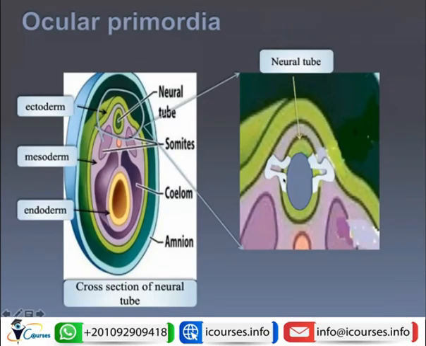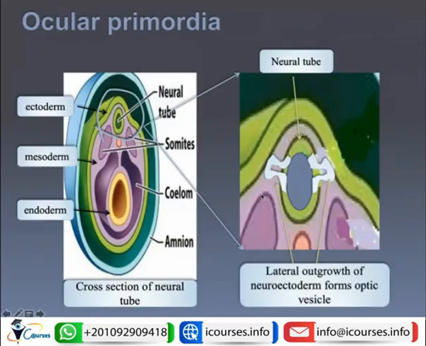Here we have a lateral pouch, and here is another lateral pouch. This globular swelling will grow until it touches the surface ectoderm, like here, and this touching will induce a series of changes within the surface ectoderm to form what is called the lens placode, the primary lens.